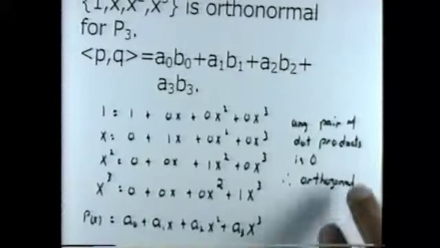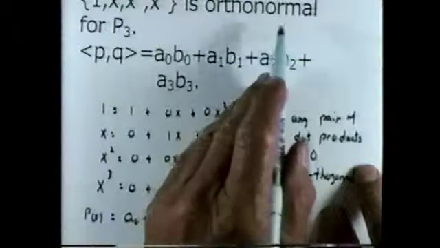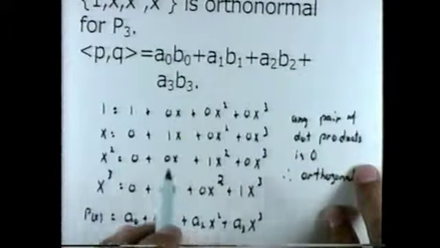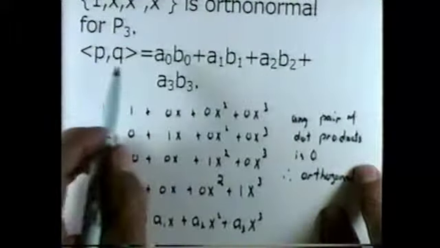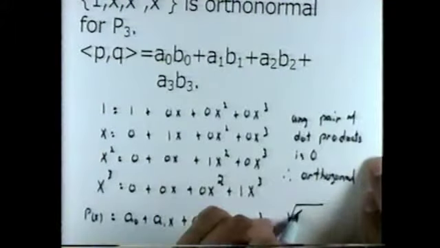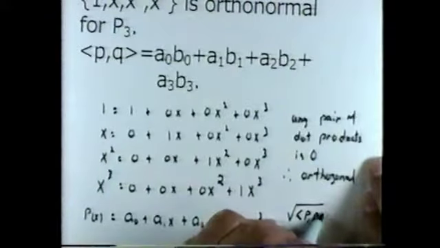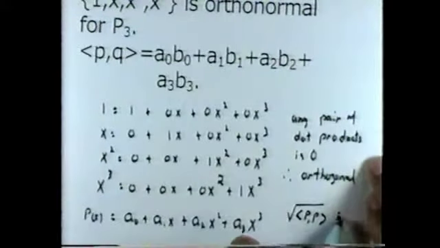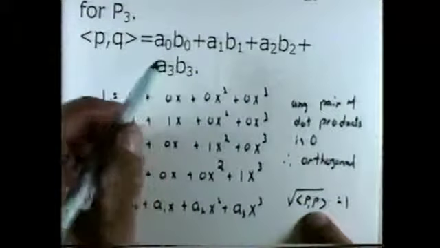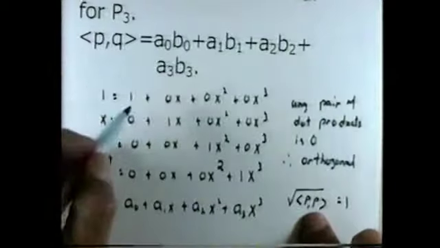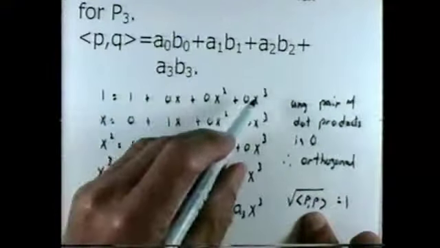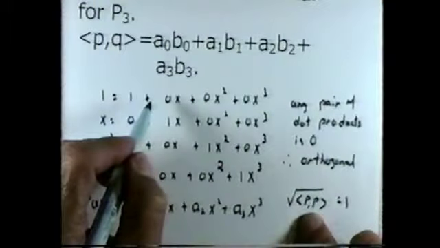Now we need to check for normality. The normal part means the norm is 1. That would mean the norm, the square root of the inner product of p with p, would be 1 for it to be normal. Okay, let's look at p. If we look at this one with itself, that'd be 1 times 1 is 1, plus the rest would be 0. Well, the square root of 1 is 1.